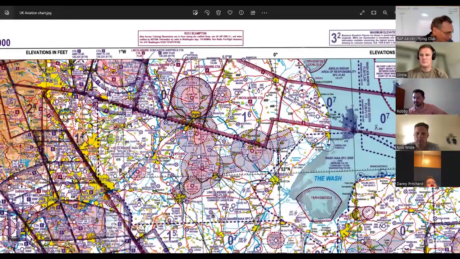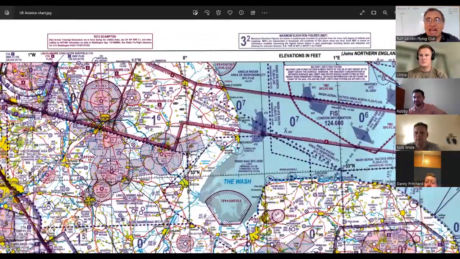And also, unlike places like the US, where everything is going in the right direction, you'll notice that if I'm flying in this area, my longitude value increases as I head east, and it gets bigger and bigger as I head east.